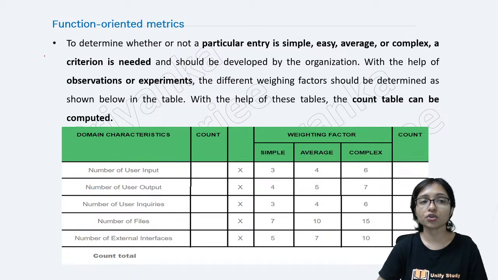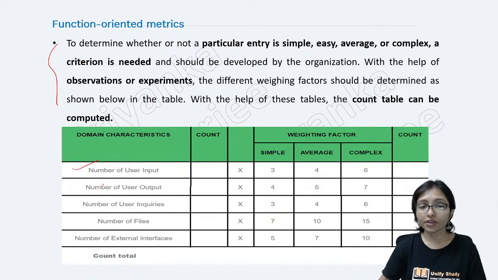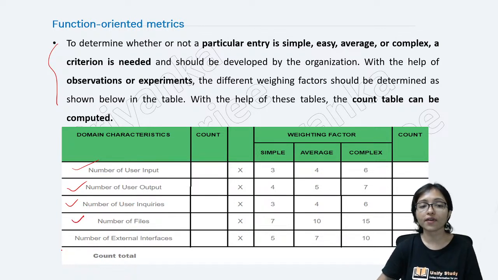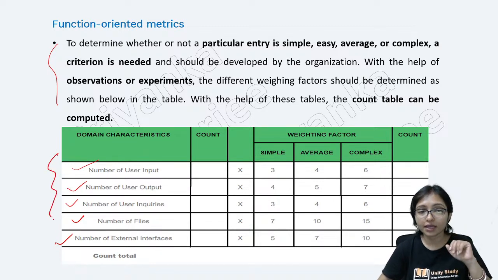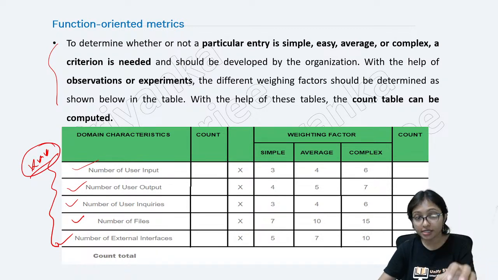Here in the function oriented metric, the measurements are on number of user inputs, number of user outputs, how many user inquiries are there, number of files and number of external interfaces. Very, very important. What is the main focus of the function oriented metrics?